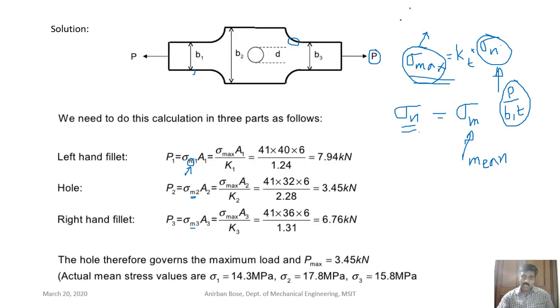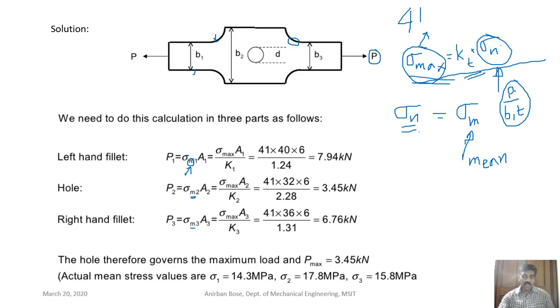Then you put Kt, which was given for this fillet, and in place of sigma N you put B1 and T. You do not know P, but from this equation you know everything other than P, so you can find out that P.